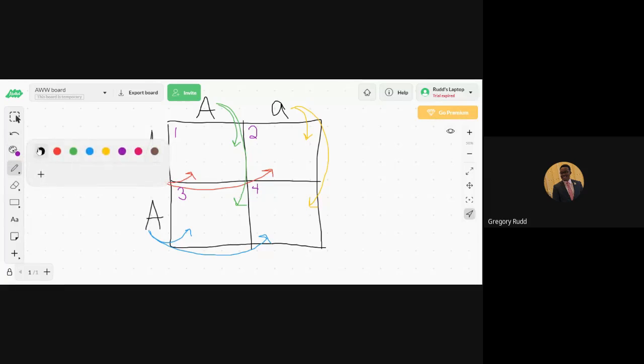So what's going to be the genotype in box number 1? Thank you, Alyssa. I should have 2 capital A's.